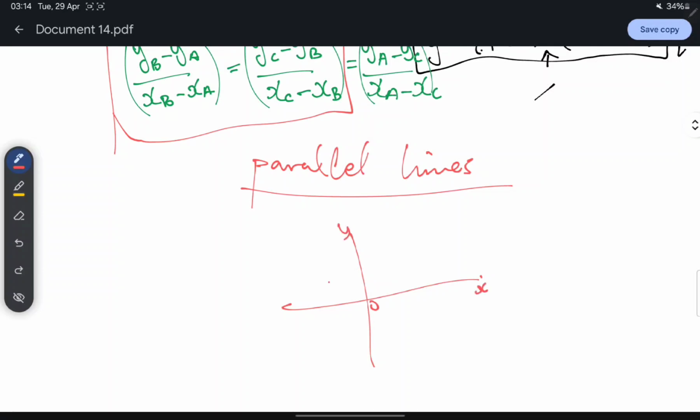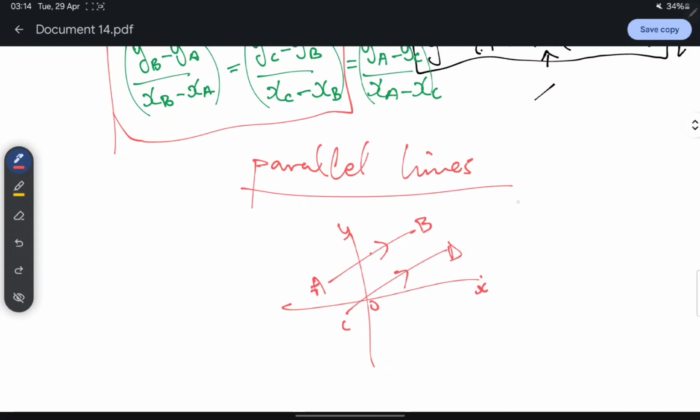Then you are told that these lines are parallel. AB is parallel to CD. If AB is parallel to CD, it implies that these lines will never meet, which means the change of this is equal to the change of that.